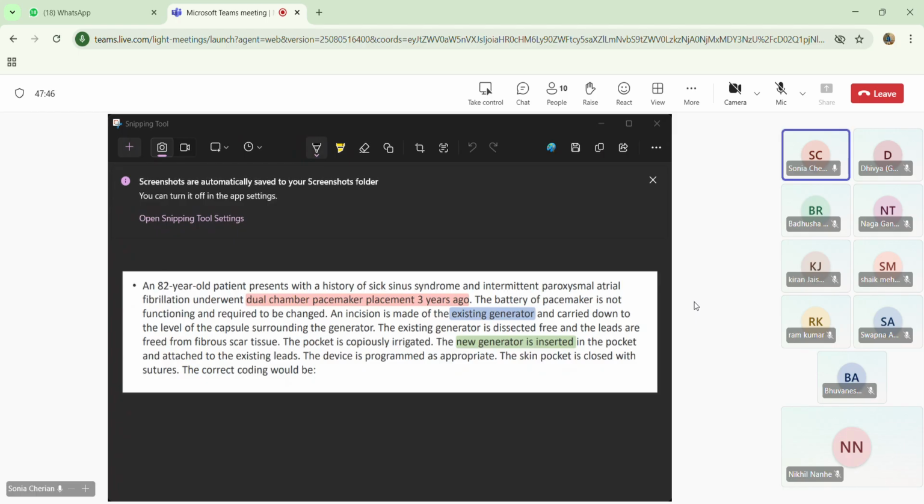So as I told you, these are the terms you need to check. If it is just in the right atrium itself, it is single chamber. If it is placed in both the right atrium and right ventricle, it is dual chamber. So this is how you find out if they have not mentioned it in the op note header or somewhere. But definitely 99% they will mention it, so you don't have to worry about it.